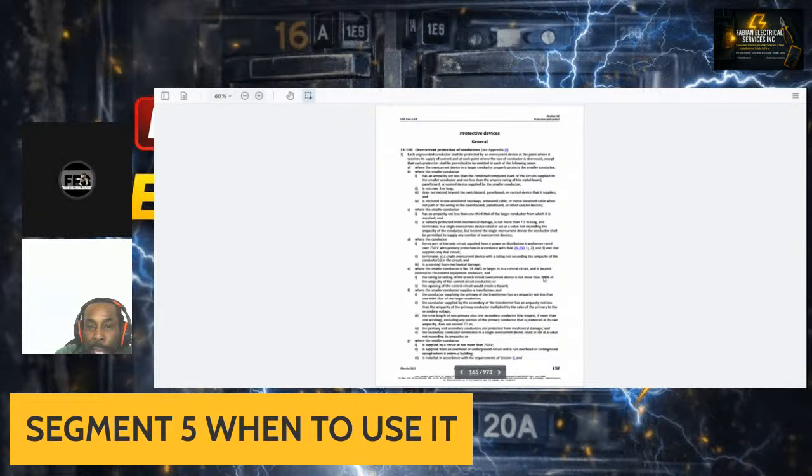Where the smaller conductor supplies a transformer, and the conductor supplying the primary of the transformer has an ampacity not less than one-third that of the larger conductor.